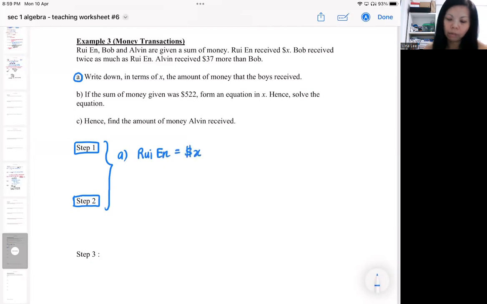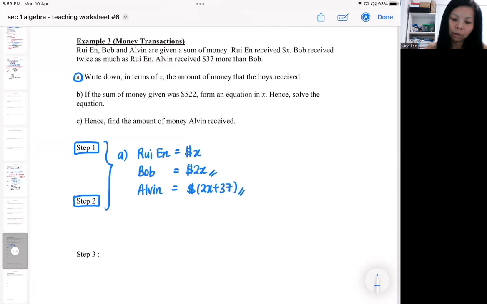So what about the boys? Bob will be twice, so 2x. And then Alvin is 37 more than Bob. So it's 2x plus 37. So this is what they are asking for.